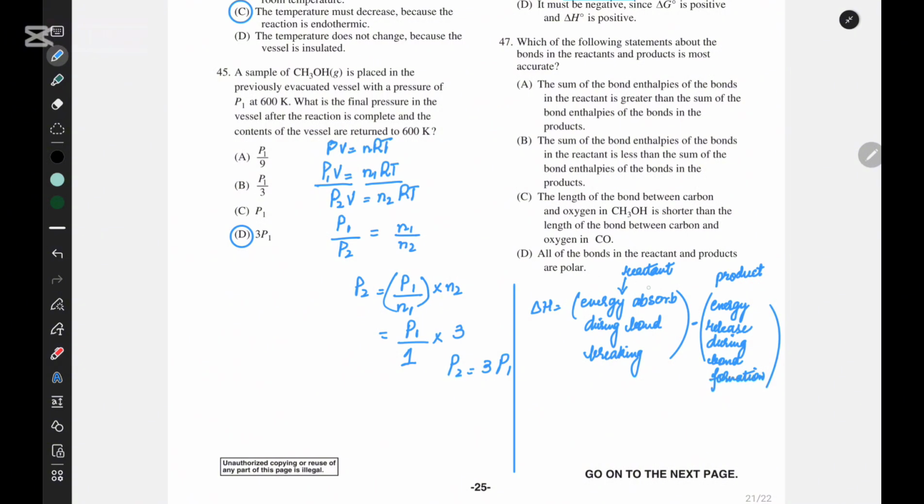So if it is positive, then the energy at the reactant side must be greater as compared to the product side. So the first option, the sum of the bond enthalpies of the bonds in the reactant is greater than the sum of bond enthalpies of the bonds in the product. So the answer is going to be A.